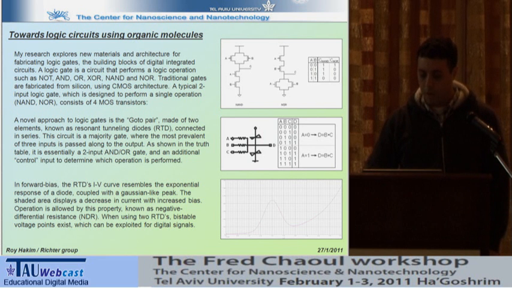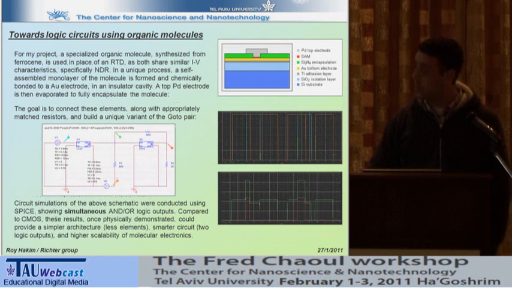While we don't work with resonant tunneling diodes, we do work with a certain organic molecule that has similar IV characteristics. I've simulated these using SPICE, which is a circuit simulator. A circuit that I've designed shows simultaneous AND/OR logic.